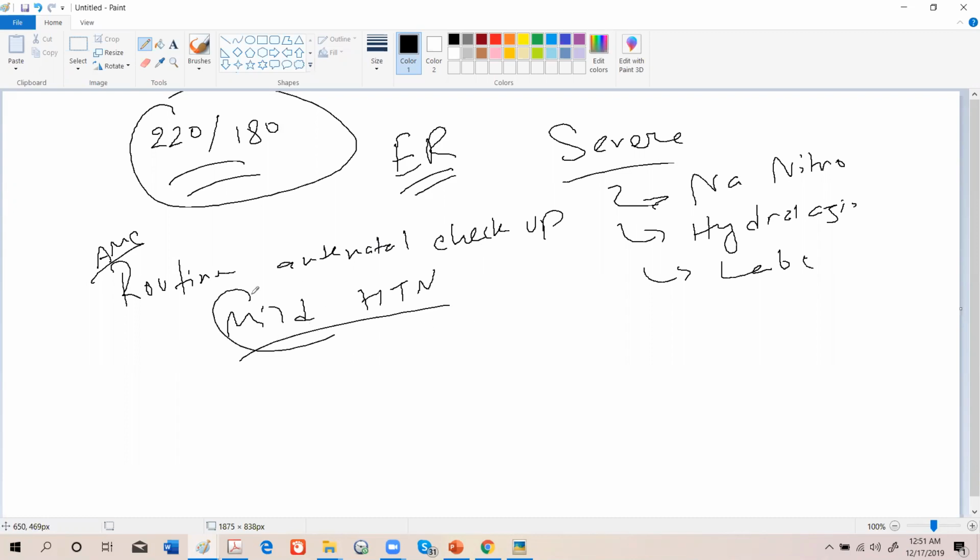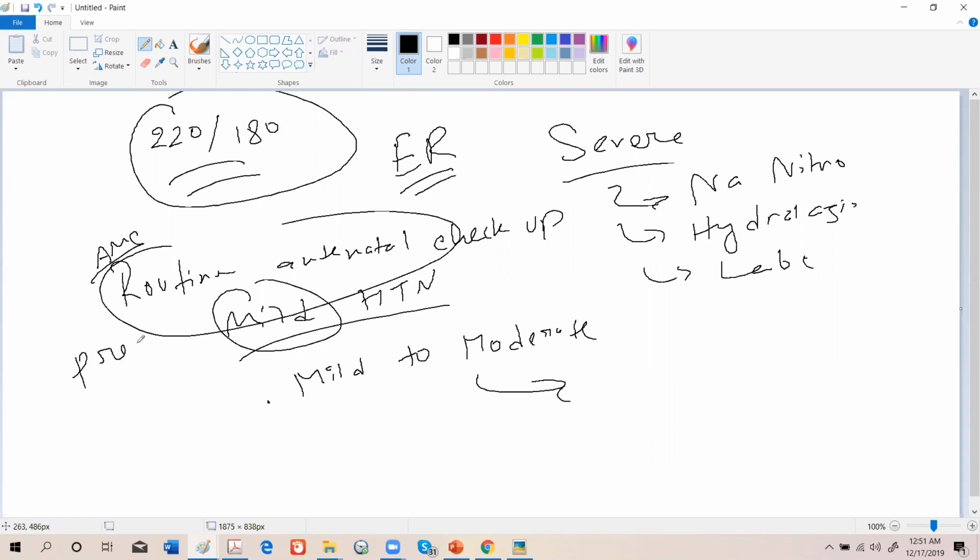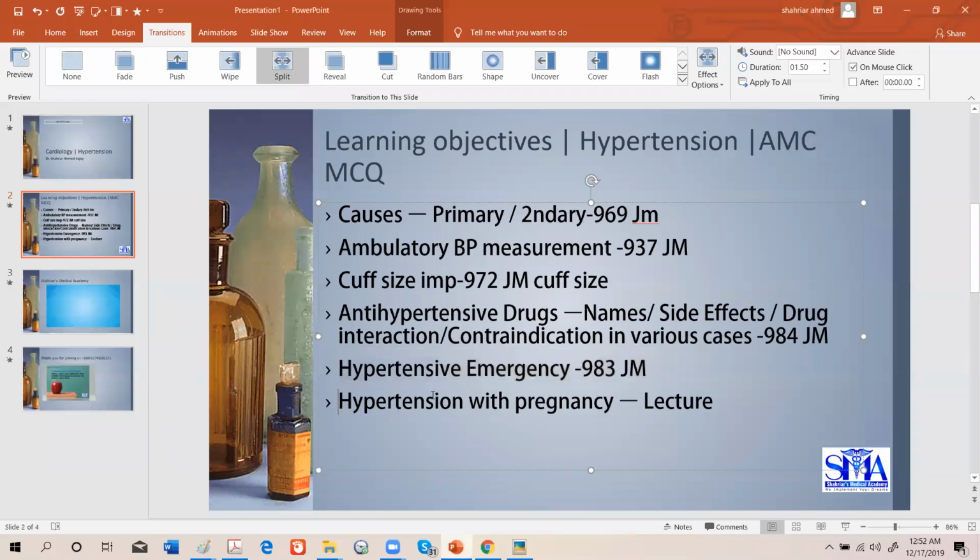But if it develops later, mild, confirmed at the second visit, third visit, it may be permanent hypertension or essential hypertension, or maybe she never knew that she was having hypertension. So anyway, mild to moderate cases of hypertension at antenatal checkup, which is related to pregnancy. So now we are at that point, hypertension with pregnancy.